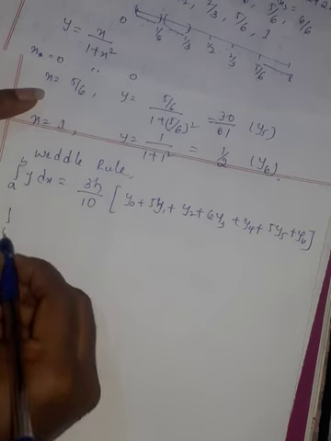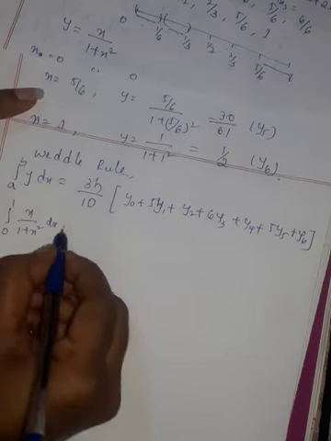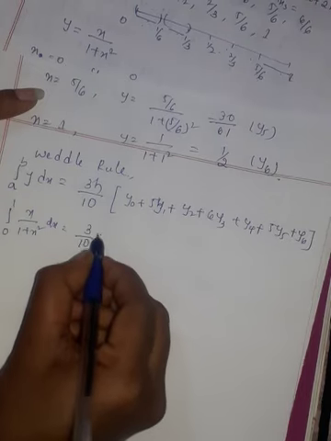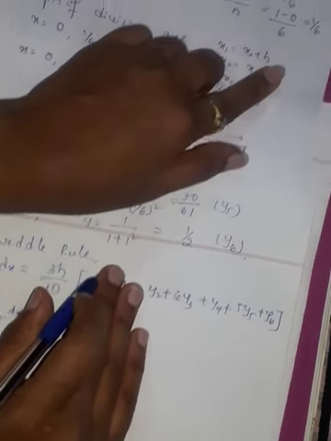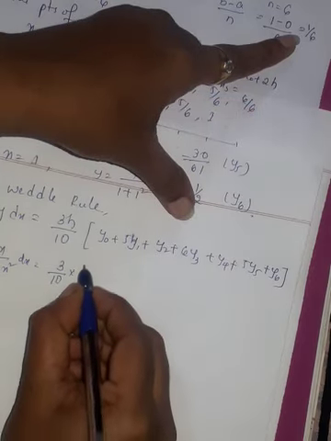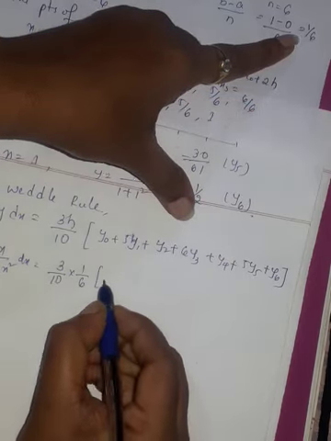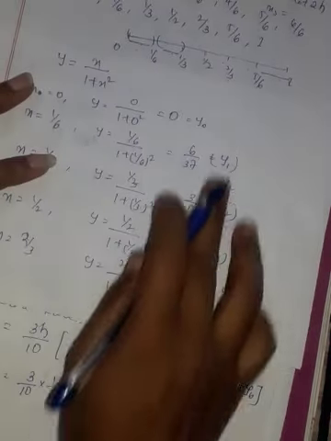So integration from 0 to 1, x divided by 1 plus x square dx is given as 3 by 10 into, what is our h here? h is, you can see here, 1 by 6. So put the value here. h is 1 by 6. What is our y0? y naught is 0.